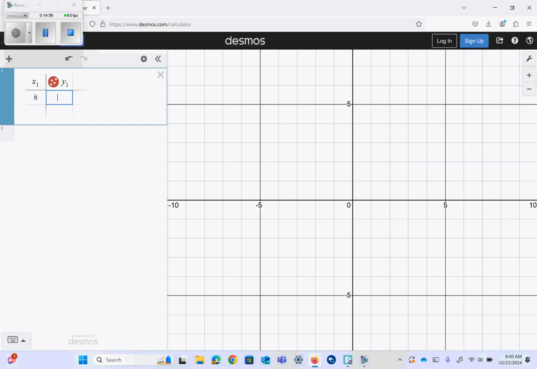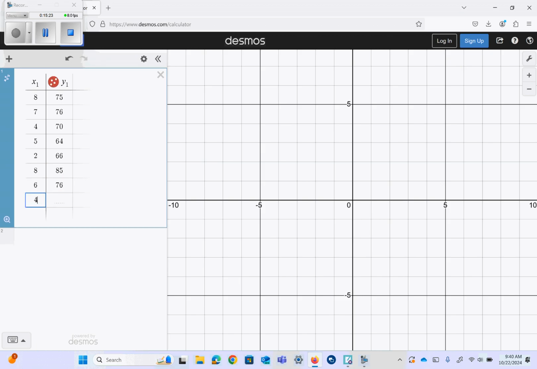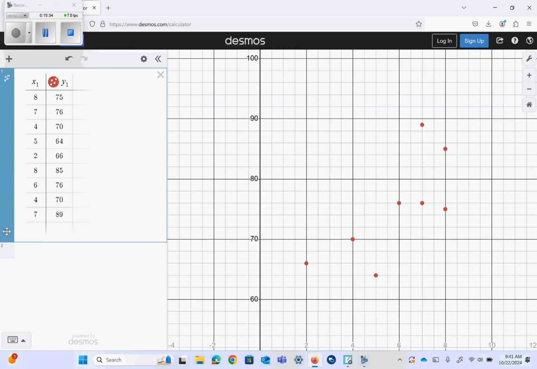Will someone tell me what the next data point would be? 7 and 76. 4 and 70. 5 and 64. 2 and 66. 8 and 85. 6 and 76. 4 and 70. 7 and 89. That's it. Cool. So we don't see our data yet. Well, hit the plus. There's our data.